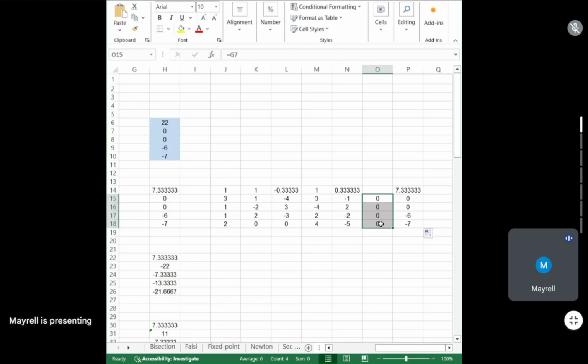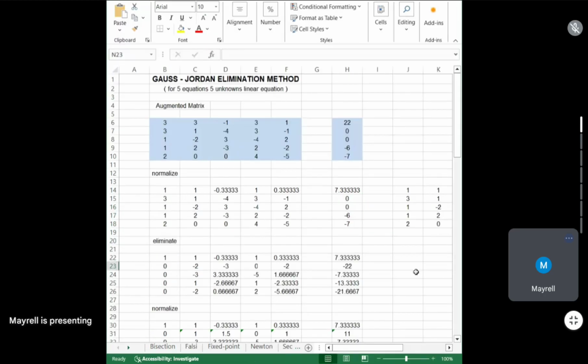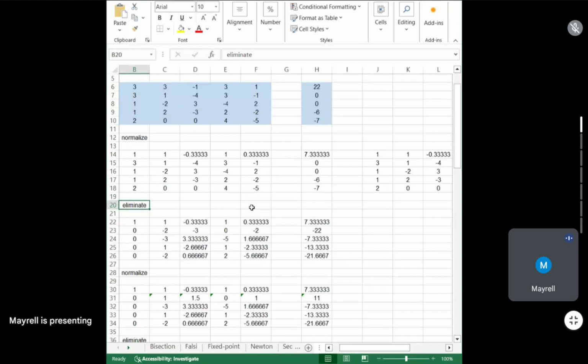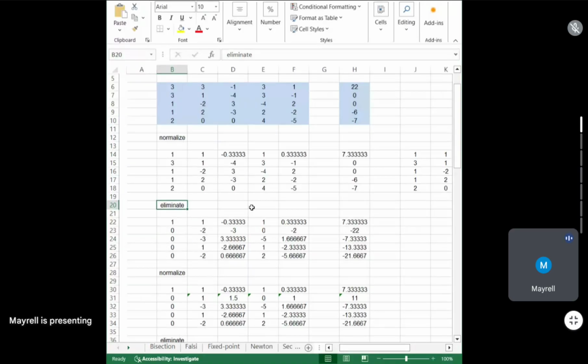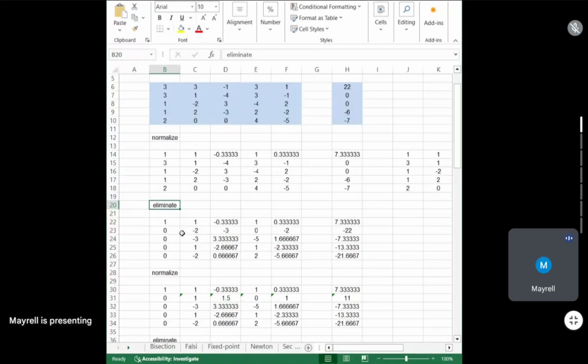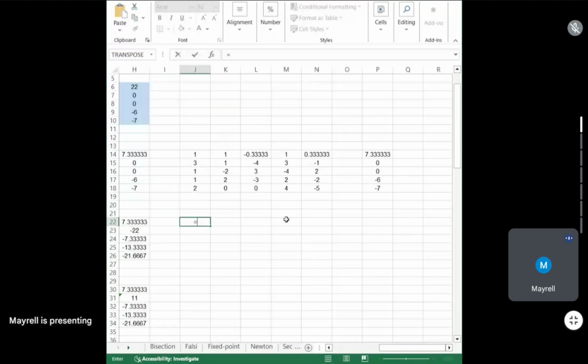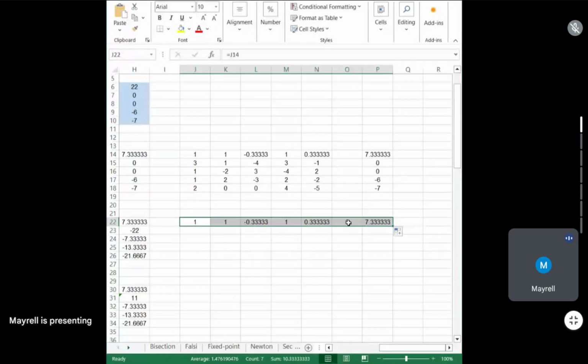Then we are going to eliminate the first column kanang below sa 1. So for the first row we can just copy. Nothing will happen to the first row. Okay, pwede na to i-copy ang first row. Then we'll start with the second row.